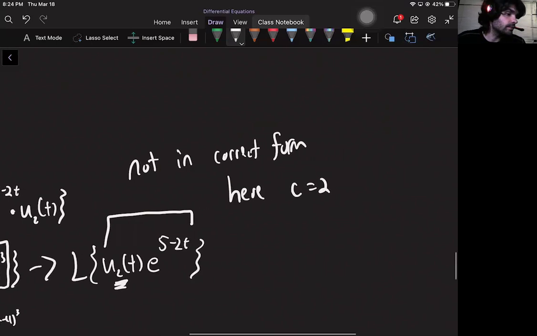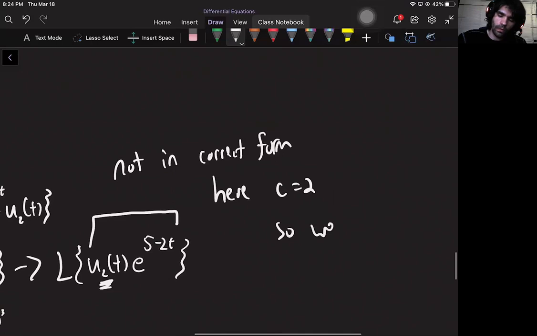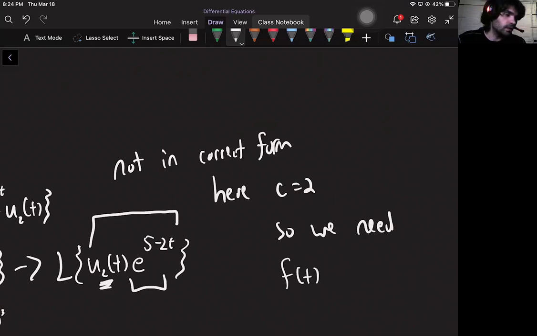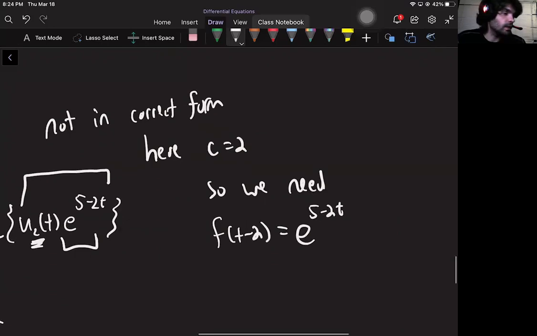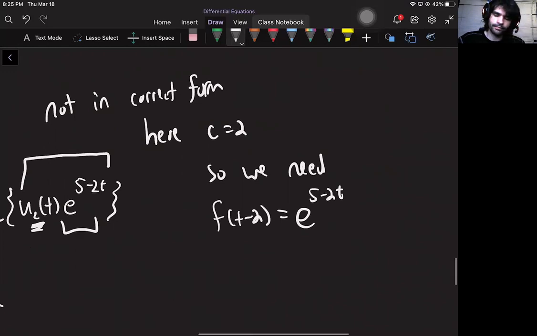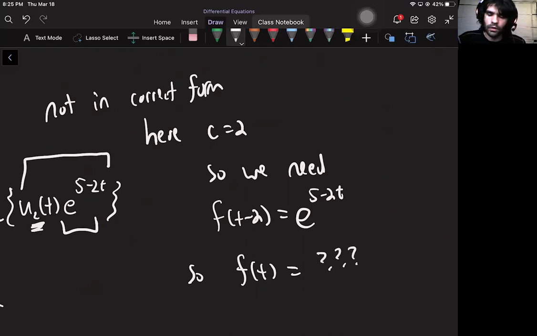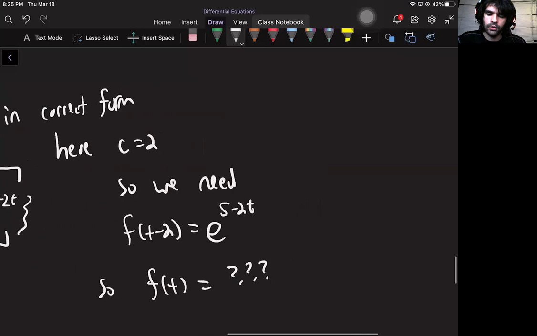So that means that we need the function to secretly be the result of plugging in t minus 2 to something. But it's not clear what that something would be. But luckily we can figure it out. It's a bit tricky though.